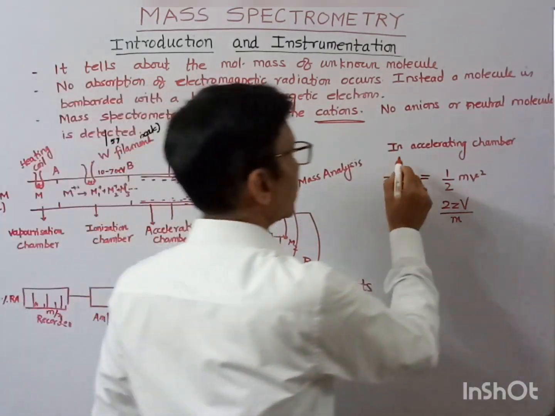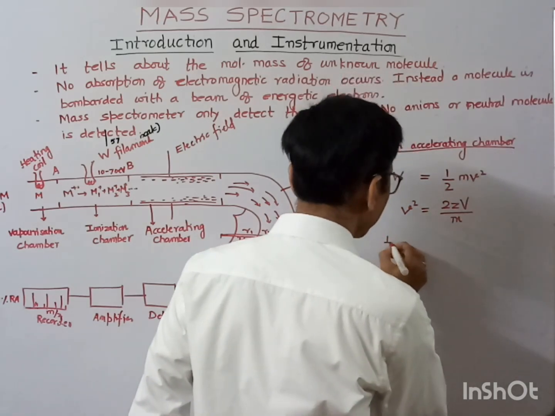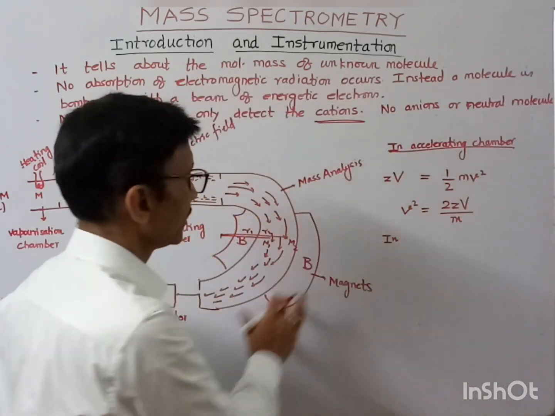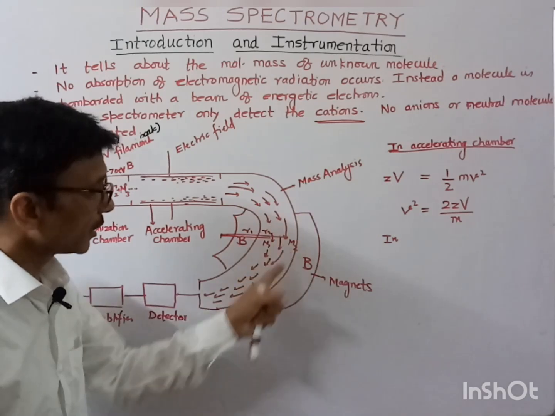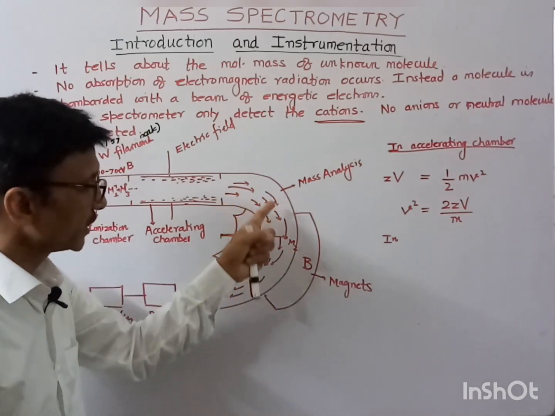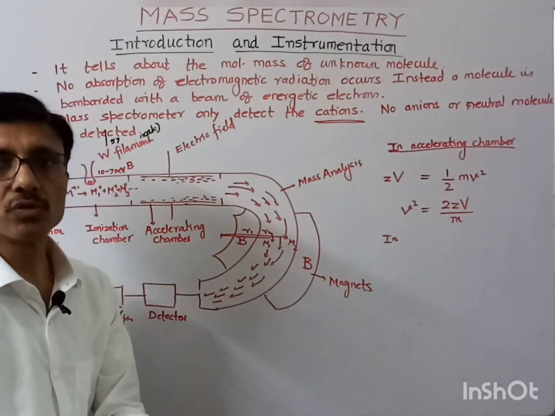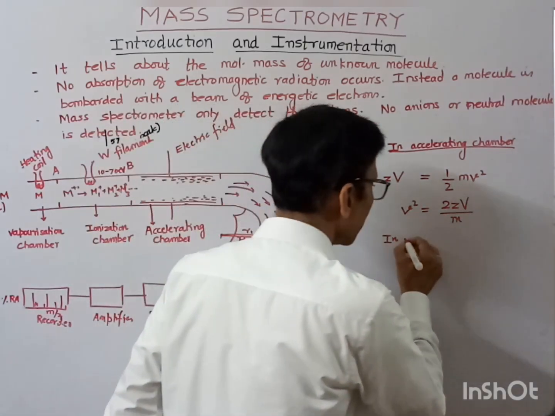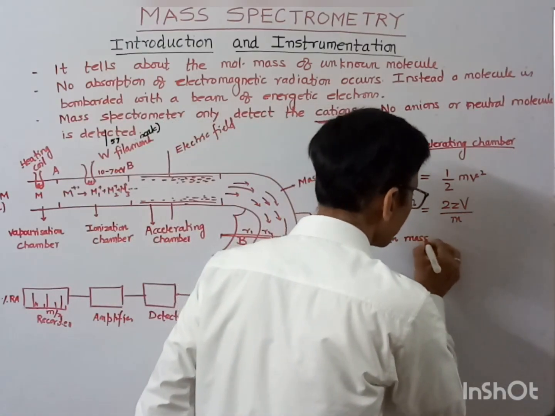Now this is in the accelerating chamber. Now in the mass analyzer, the ions or charges take a circular motion.